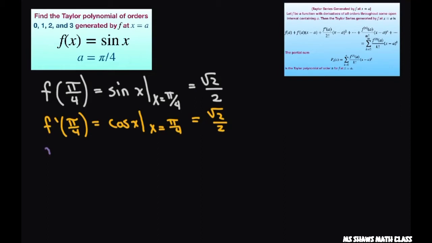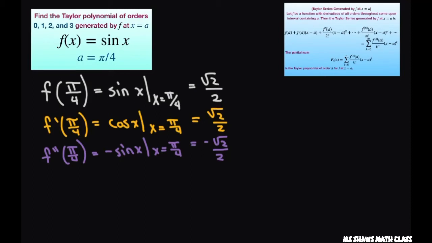Now let's do our second derivative and evaluate at pi over 4. That's going to be negative sine of x. Evaluate that at x equals pi divided by 4. That gives you negative square root of 2 divided by 2. All right, then our last one, let's look at this one real quick.